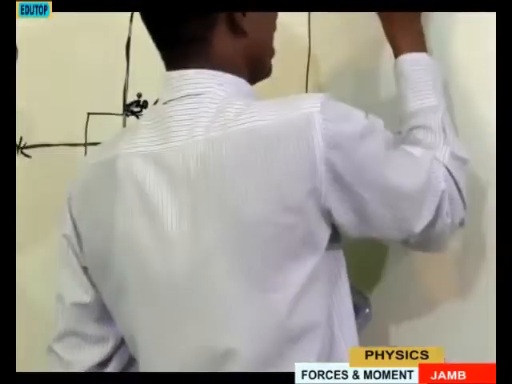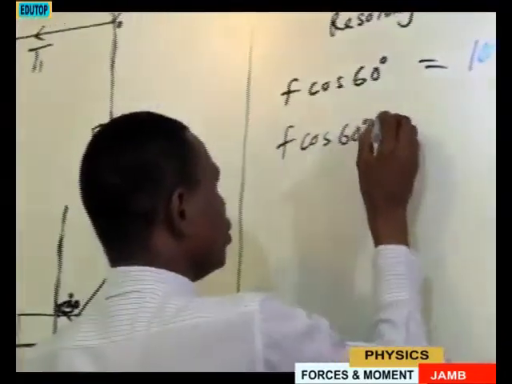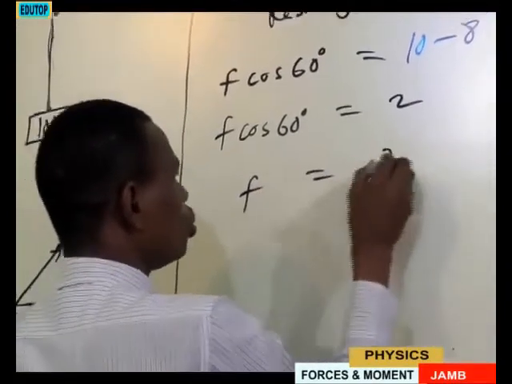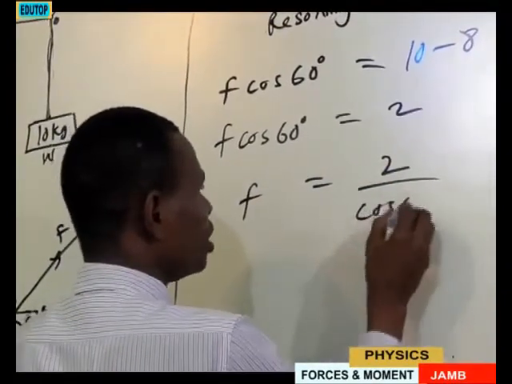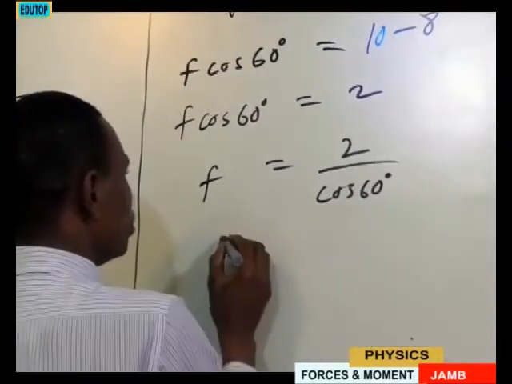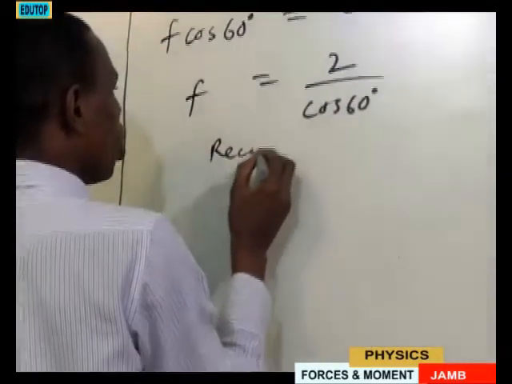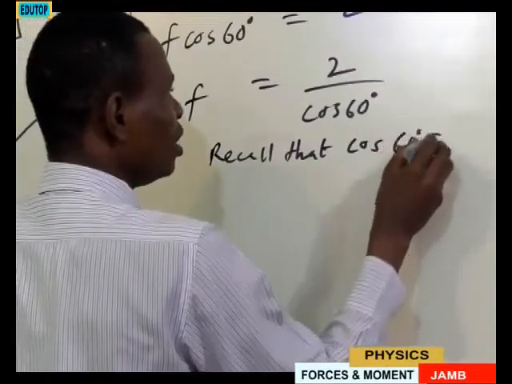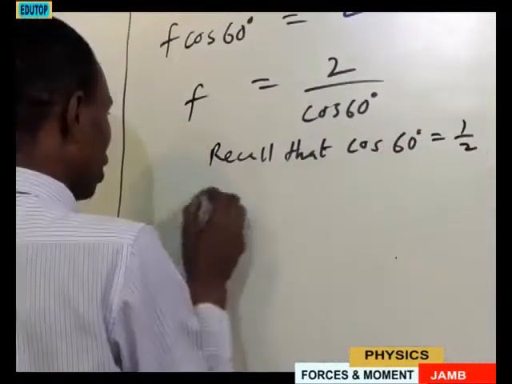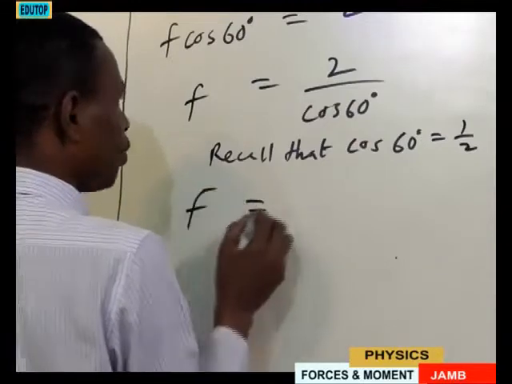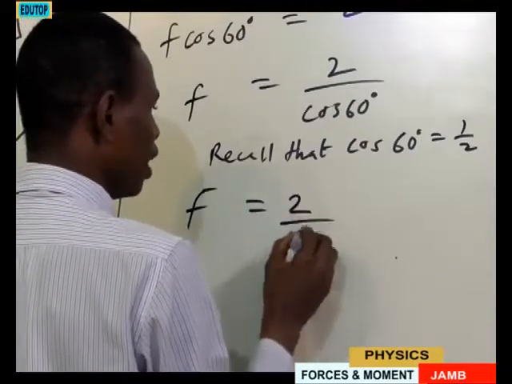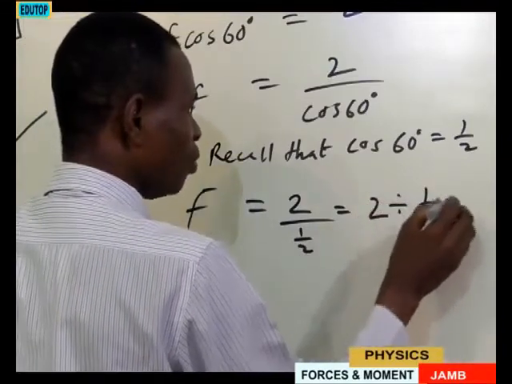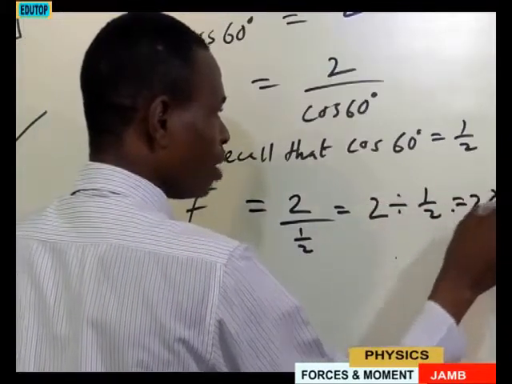F cos 60 degrees will now be equal to 2. F will be equal to 2 divided by cos 60 degrees. Recall that cos 60 degrees is equal to half. Our force F will now be equal to 2 divided by half, which is equal to 2 times 1 over 1.